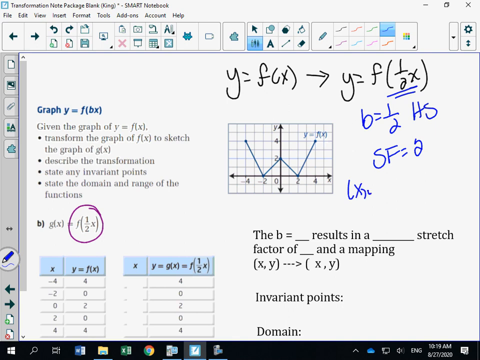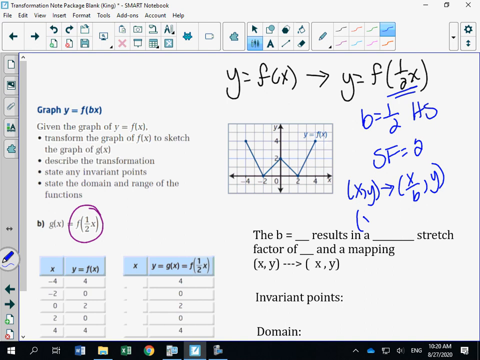When we map this, it's x comma y to x over b times y. Now, because my b value is 1/2, we're saying x divided by 1/2, right? So some students, that's confusing, x divided by 1/2.